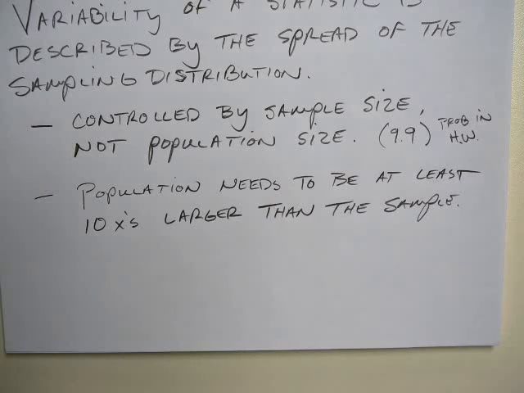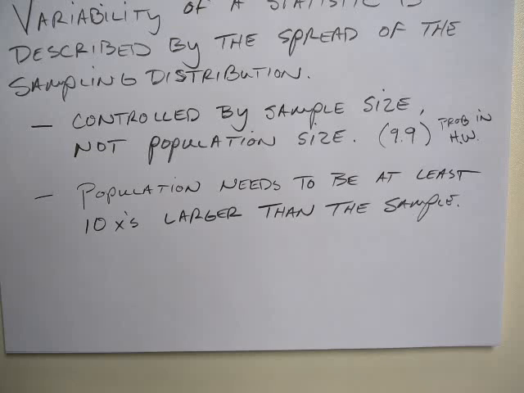It could be 1,000,000 times larger than the sample, that's okay, but it needs to be at least 10 times larger. So in my beginning example where I said I'm going to take 3 of you and find the average age of 3 of you, the population in this class would be right at about 10 times larger than that, especially if everybody was here today, right?